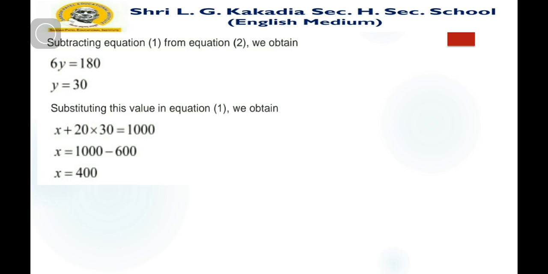Then x is equal to 1000 minus 570, so x is equal to 430. Hence the fixed charge is rupees 430 and the charge per day is rupees 30.